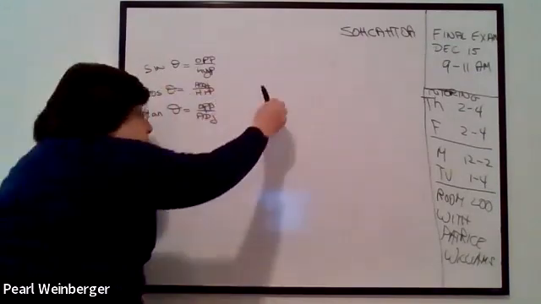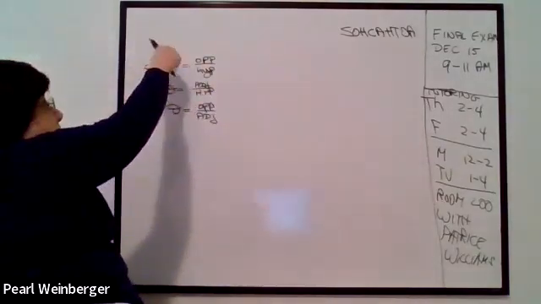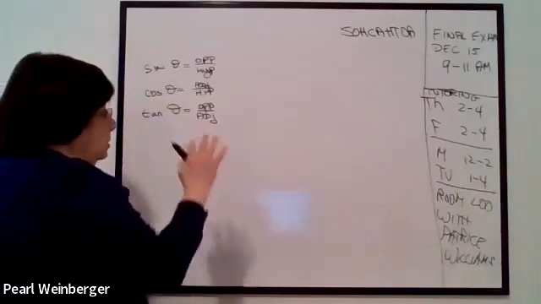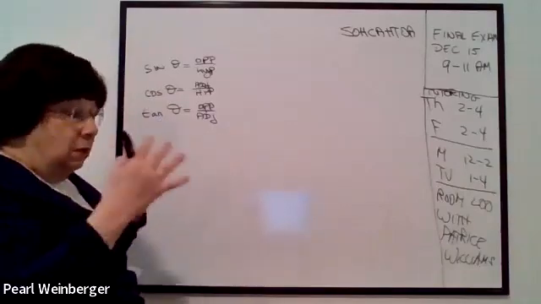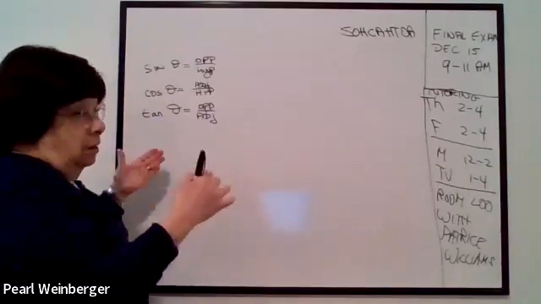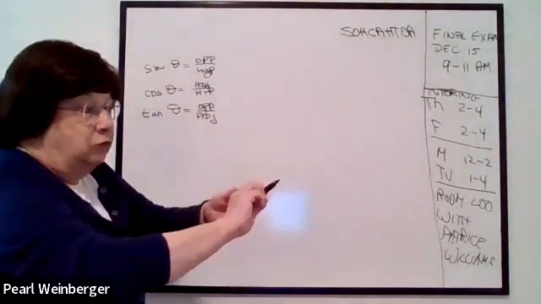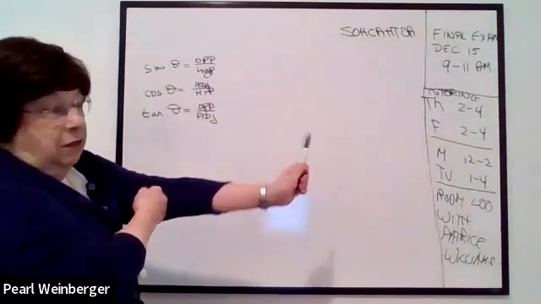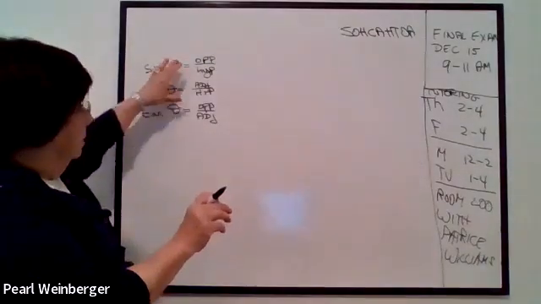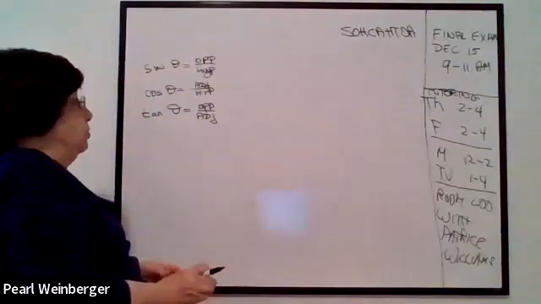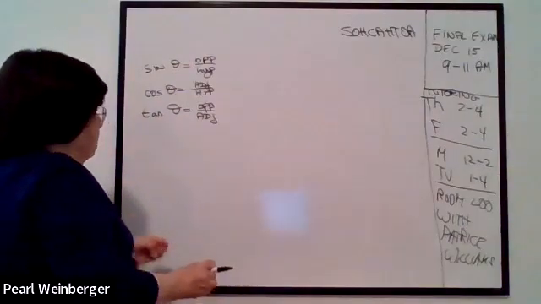If you look on your calculator, you'll see a button that says sine, cosine, and tangent. We're not using that because we're not going far enough into our study of trigonometry that we need those buttons on the calculator. We just need the regular division and multiplication button.